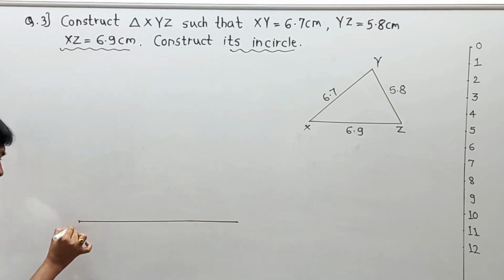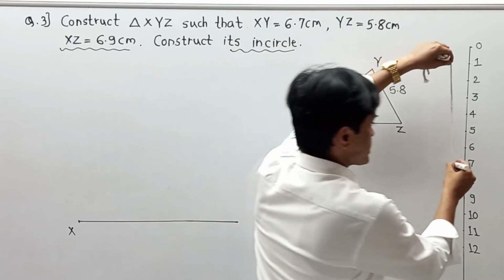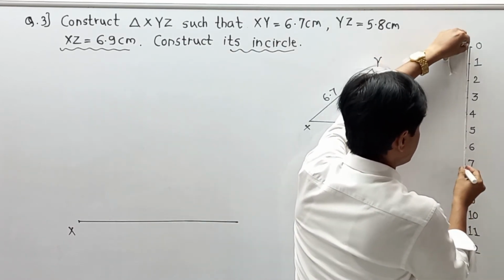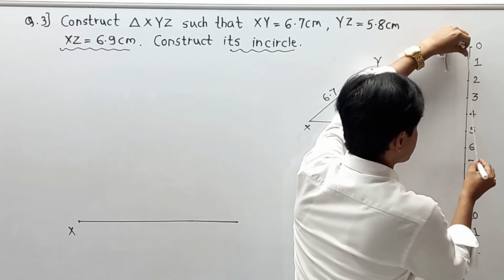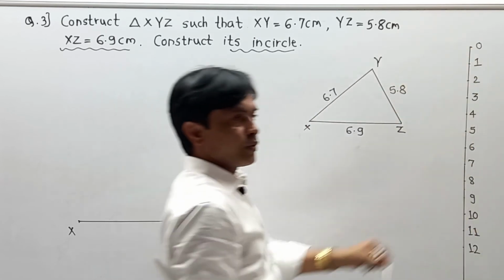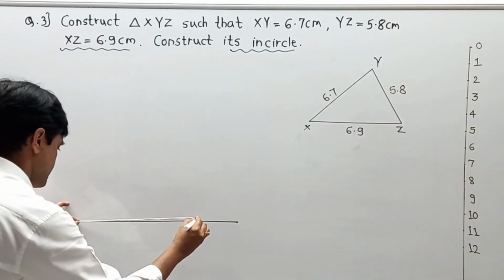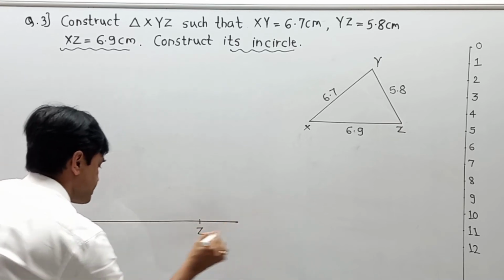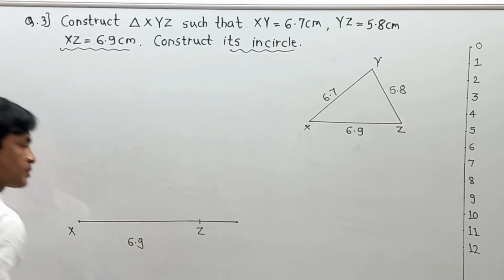So your diagram will be starting from vertex X. From X to Z, this distance is 6.9 centimeter.